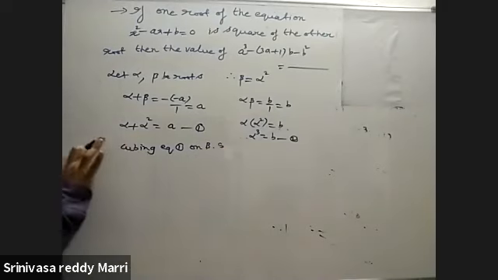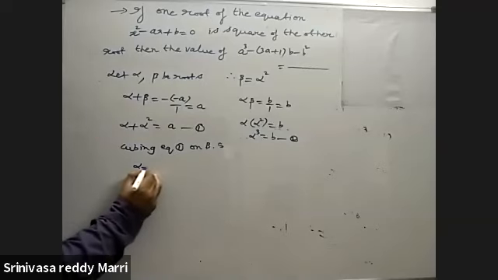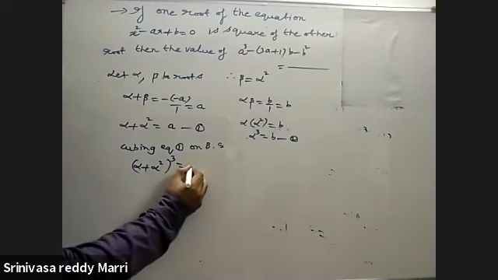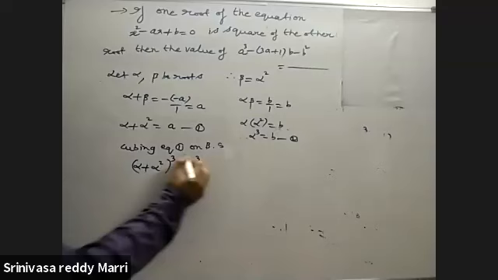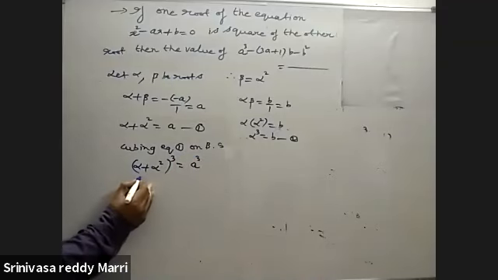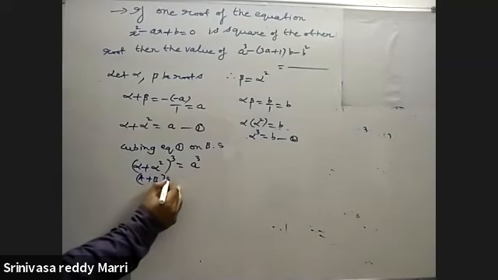Look, if you cube that one, alpha plus alpha square whole cube equal to a cube. Now it's just like A plus B whole cube.